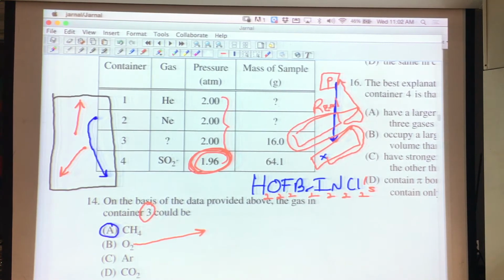So their pressure is what? Lowered. These are supposed to be all 2, but why is SO2 lowered? Because it's acting as a real gas. It's the biggest, it's the slowest, it's the one with the greatest attractions. SO2 is actually a polar molecule.